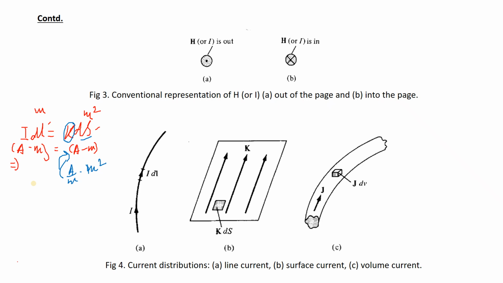Okay, so K is equal to I by dl, or I by some length, because I dl is equal to I dl by dl, so it will be dl into dl.